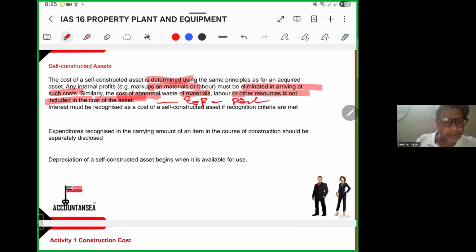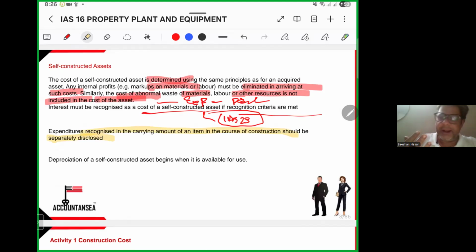Interest must be recognized as a cost of self-constructed assets if recognition criteria are met, and it will be done as per IAS 23, as I said earlier, which we will do later on. Expenditures recognized in the carrying amount of an item in the course of construction should be disclosed separately.